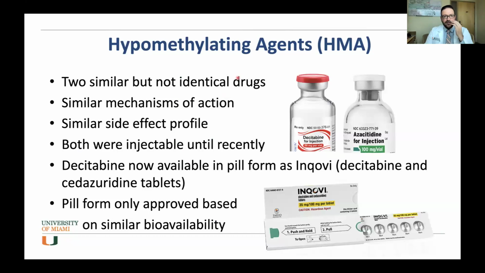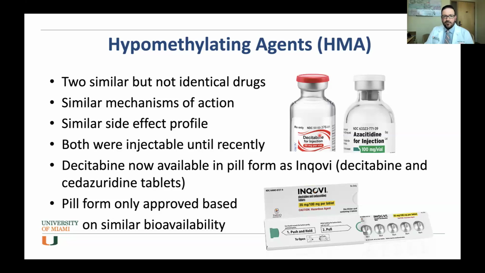You might also hear the term hypomethylating agents: decitabine and azacitidine. These are two similar but not identical drugs. Azacitidine is the one that was tested in that trial, but decitabine is very similar. It was tested in other trials, not randomized trials, but has a similar mechanism of action and similar side effect profile.